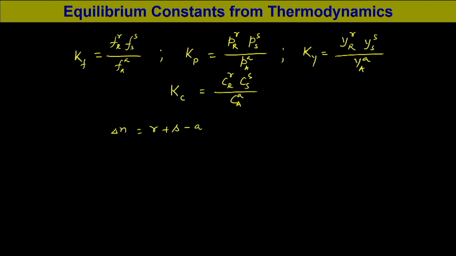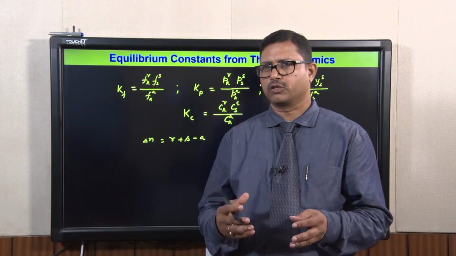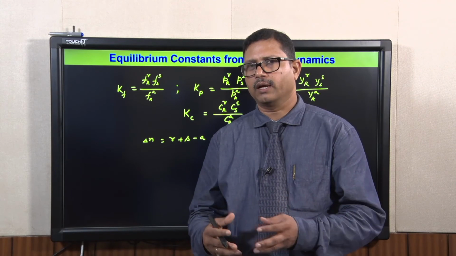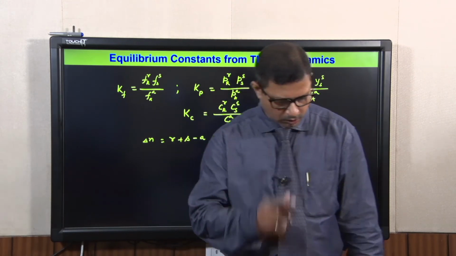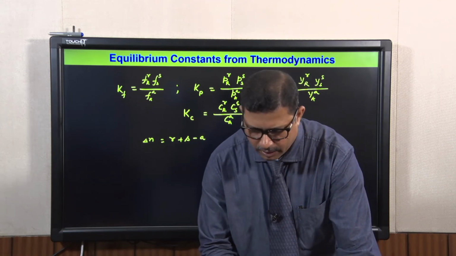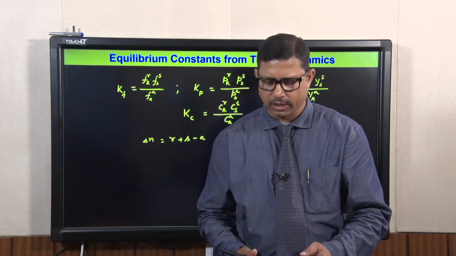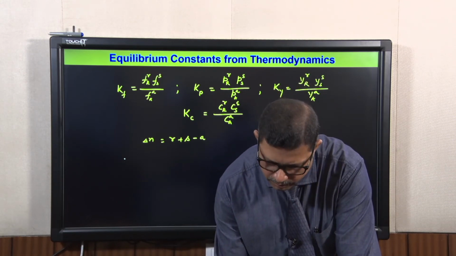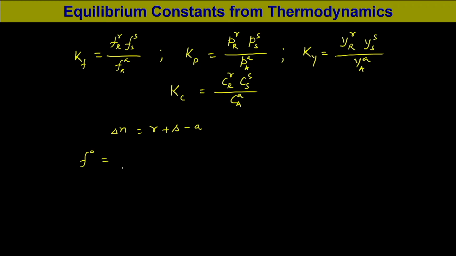Now, for gaseous systems we can consider the standard state as 1 atmosphere, and since the pressure is low, which is atmospheric pressure, generally the fugacity and the pressure are the same. So, for gas phase reactions at 1 atmospheric pressure, we can write fugacity is equal to pressure, which is equal to 1 atmosphere.